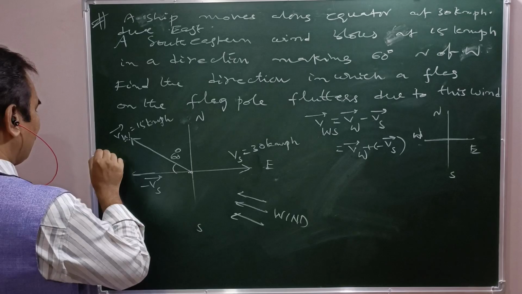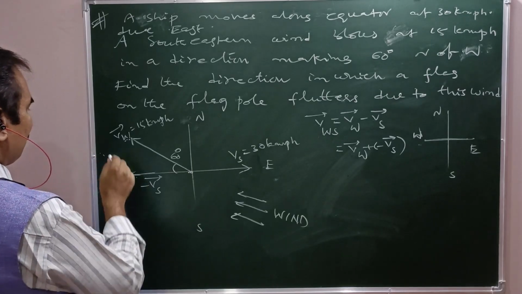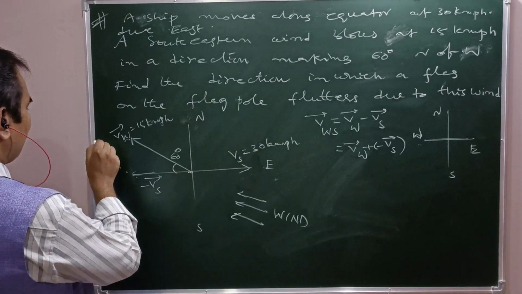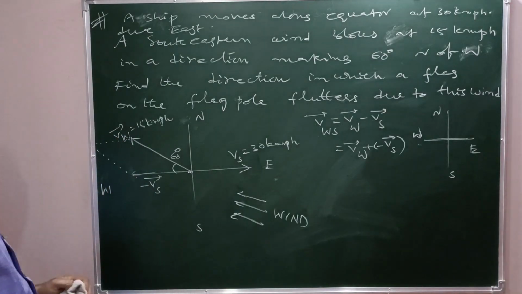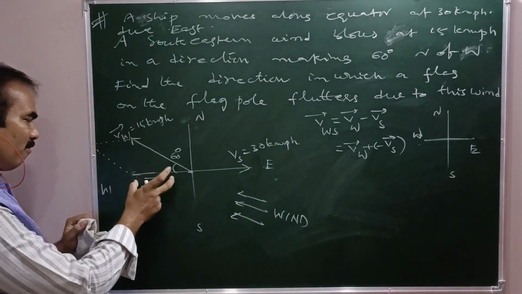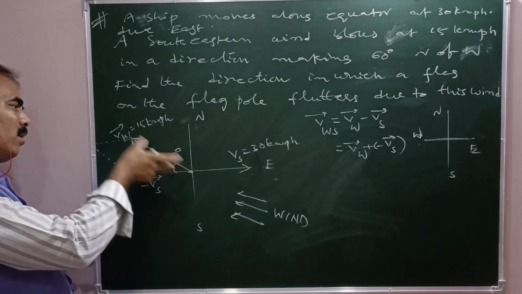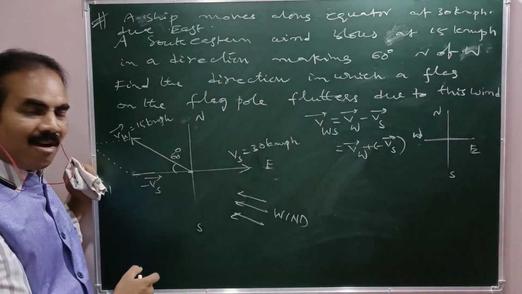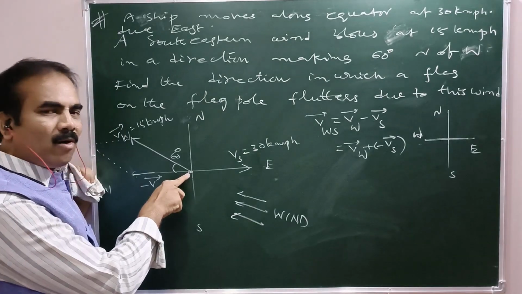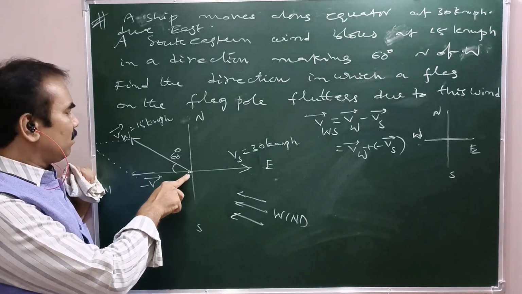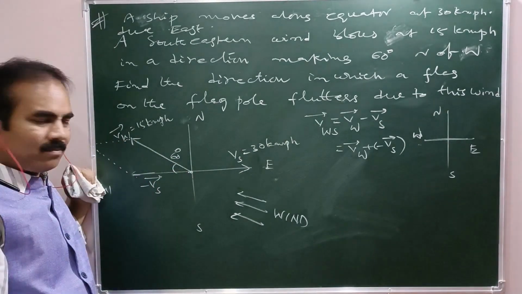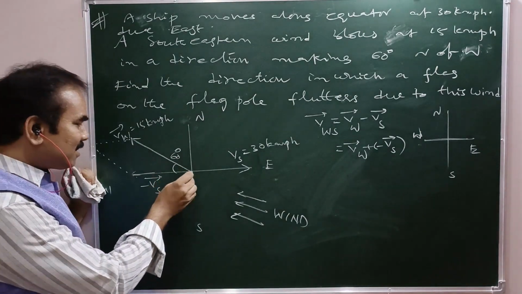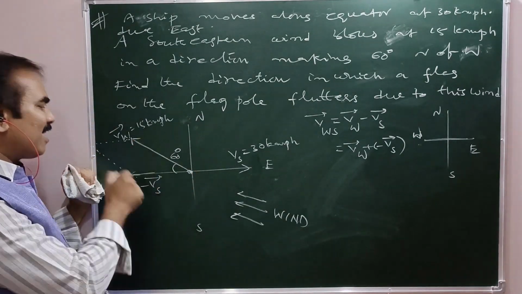This is parallel to minus Vs bar, and this is parallel to VW bar. With these two as adjacent sides drawn from the same point, we get a closed parallelogram. A diagonal drawn from the same common point is the resultant of these two.